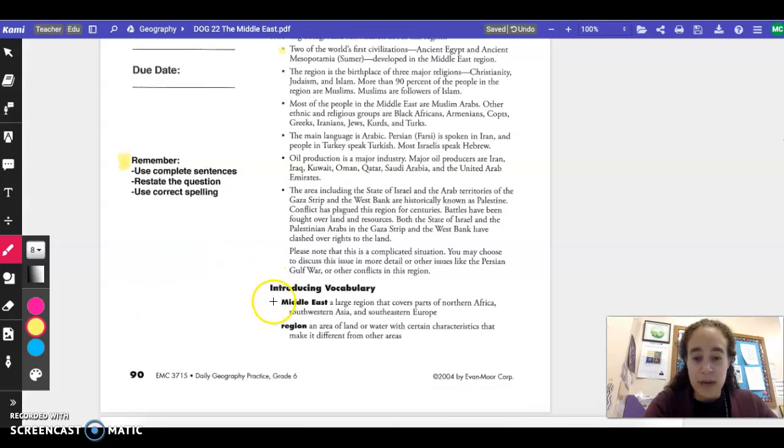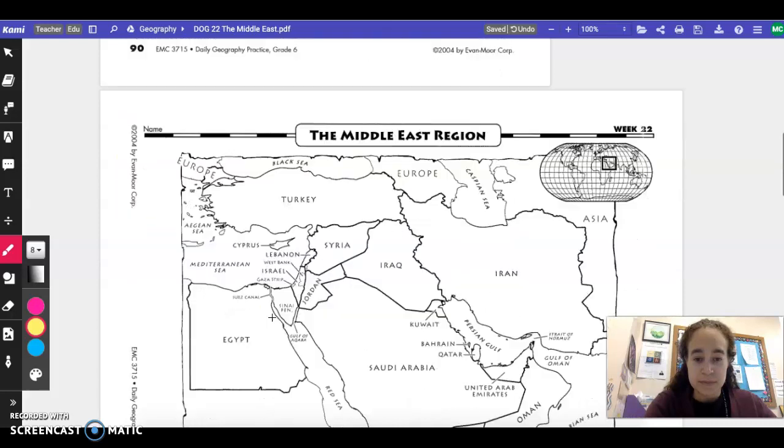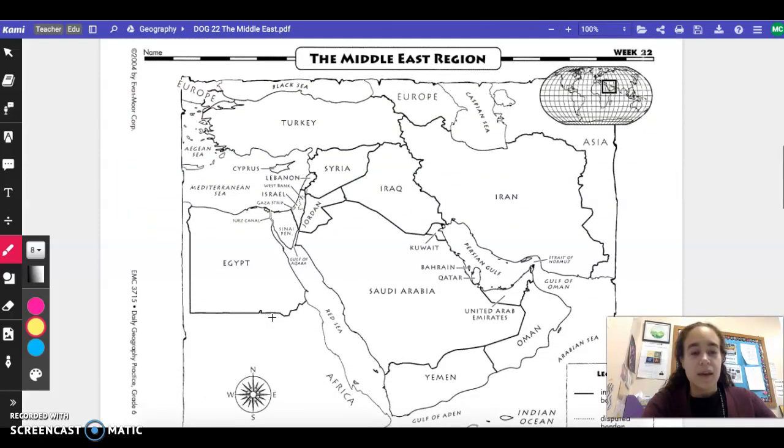The 2 new vocabulary words are the Middle East and region. The map of the Middle East region. As you look through, you're going to see some land and water borders.